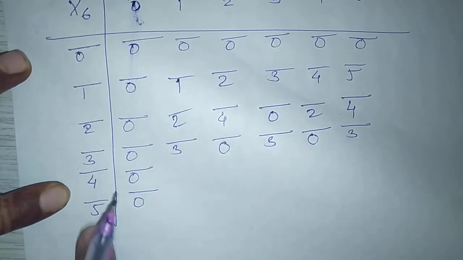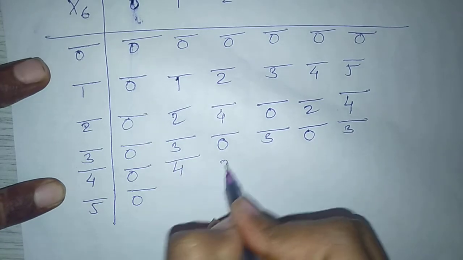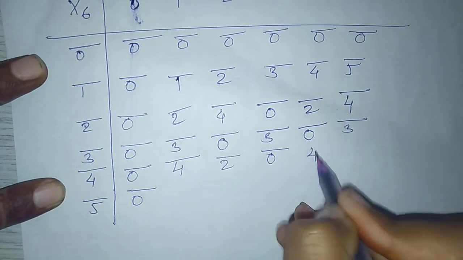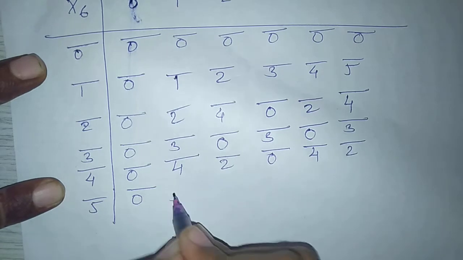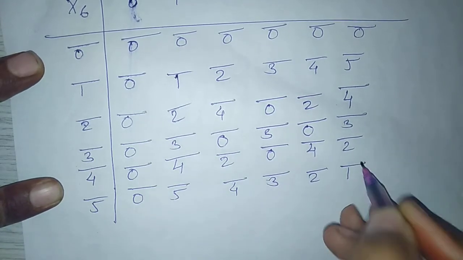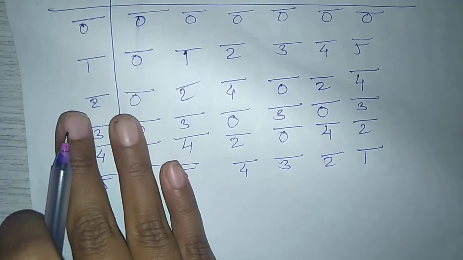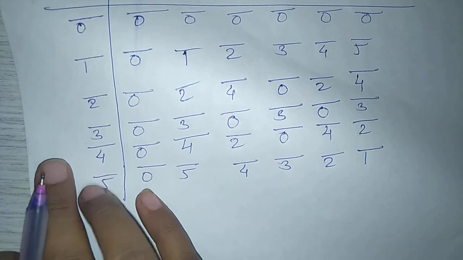Similarly for 4 and 5 bar, this is the multiplication table in Z6.